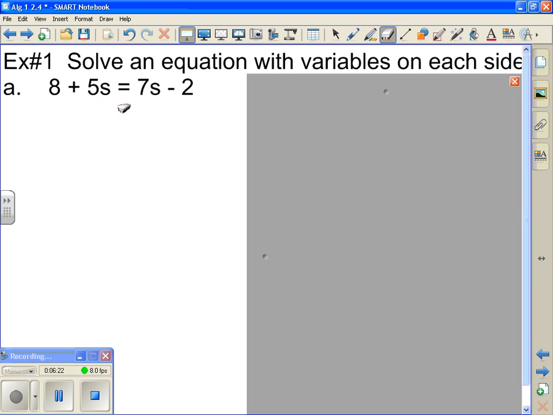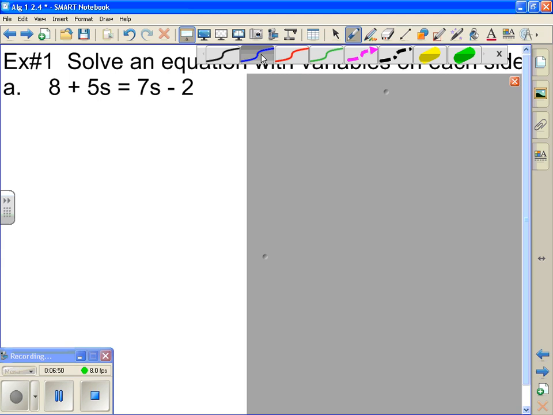Eliminate the smaller variable. Which variable is smaller, 5s or 7s? That's correct. The 5s is smaller, and we'll eliminate 5s by adding or subtracting. Very good.